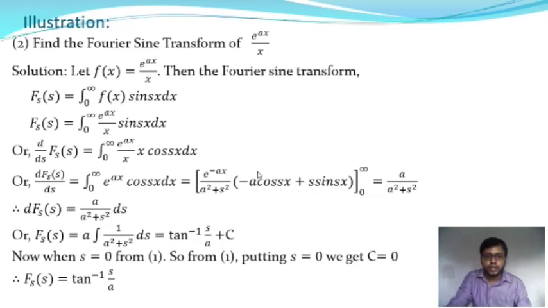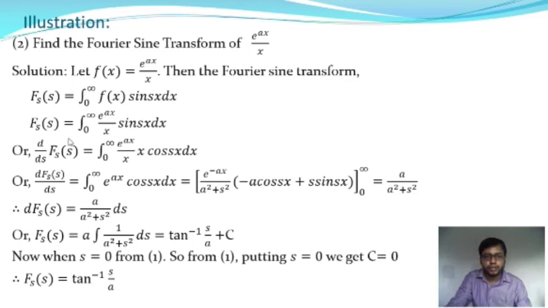This is actually the formula for the integration of e to the power ax into cos bx. The value of this integration will be e to the power ax by a square plus b square, where a and b are the constants, into a cos bx plus b sin bx. Here b is equal to s.